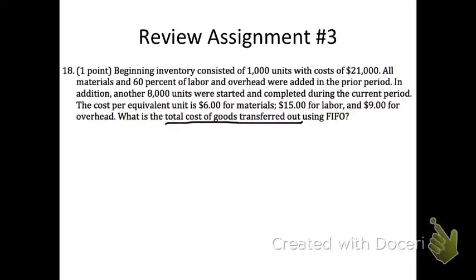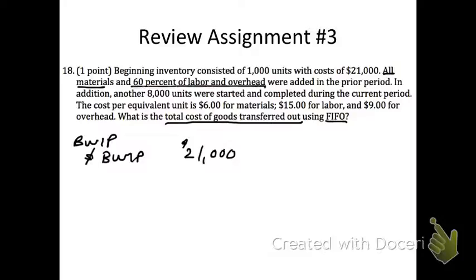And so really, the cost of those units in beginning work in process, under FIFO, I have two components. These units in beginning work in process, I have the costs that were already in beginning work in process, the 21,000, which represents the cost of all the materials and 60% of the labor and overhead, so 60% of the conversion cost.